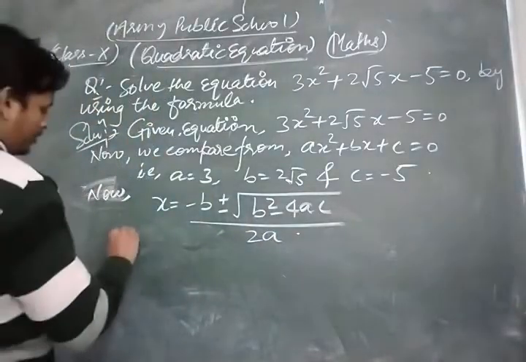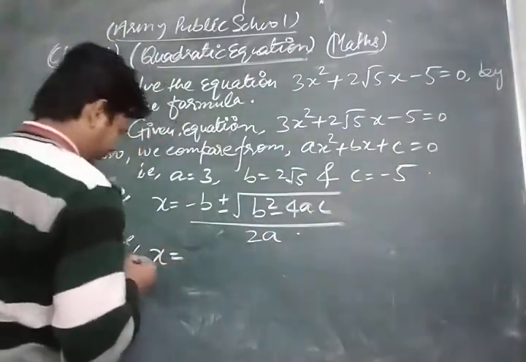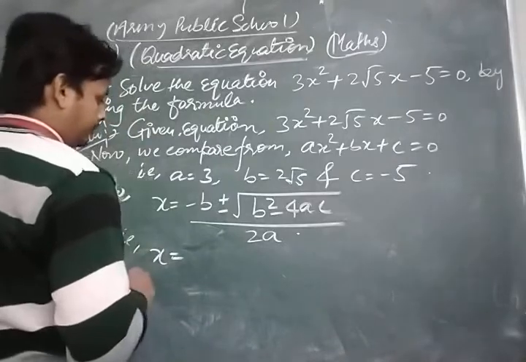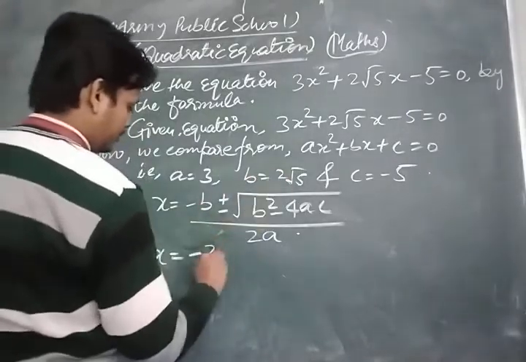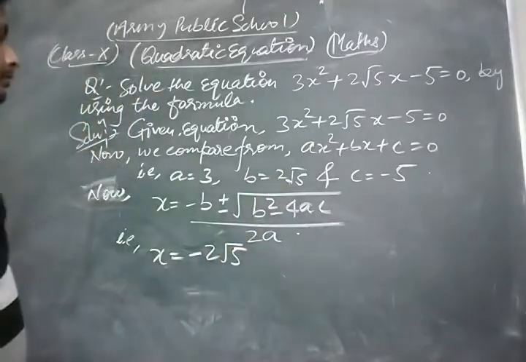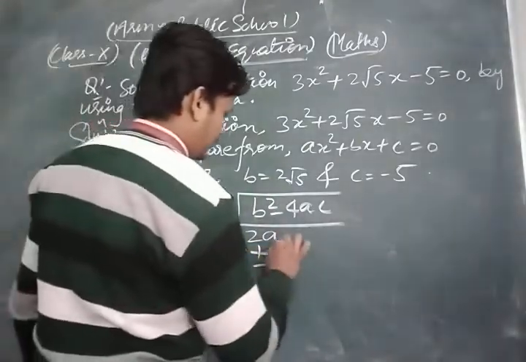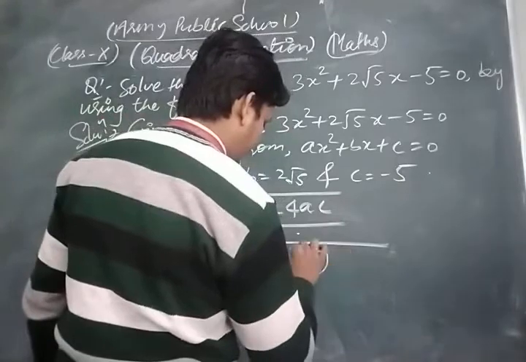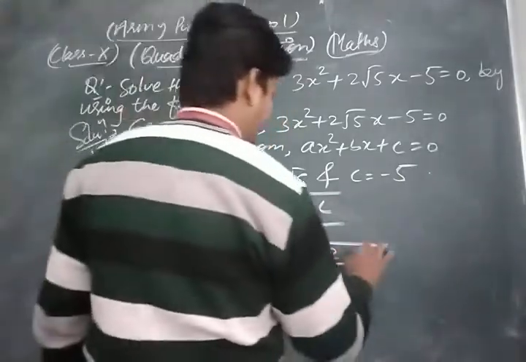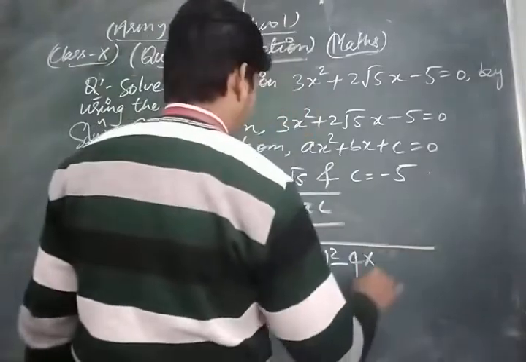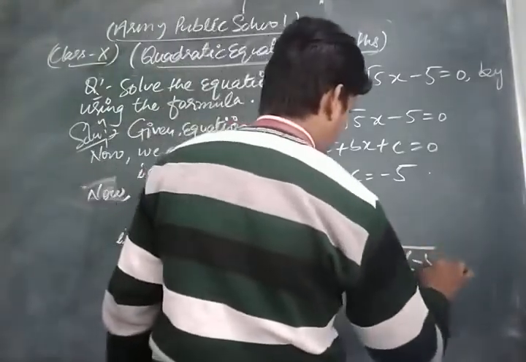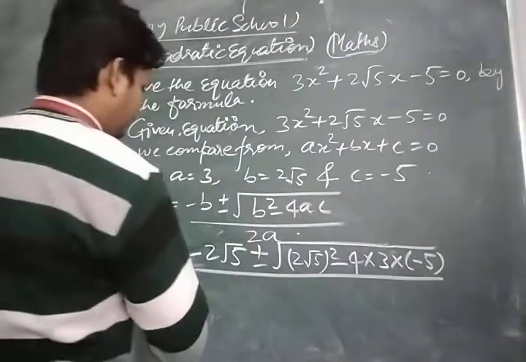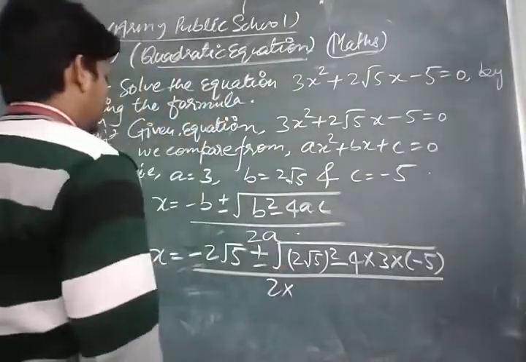That is, x is equal to minus b, that is minus 2 root 5, plus minus under root b square, that is 2 root 5 squared, minus 4ac, with a and c put in, upon 2a, with a being 3.